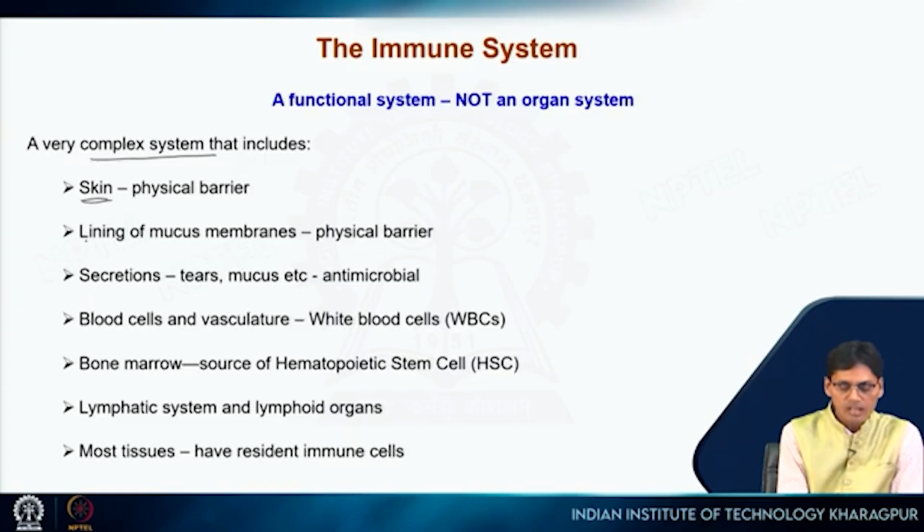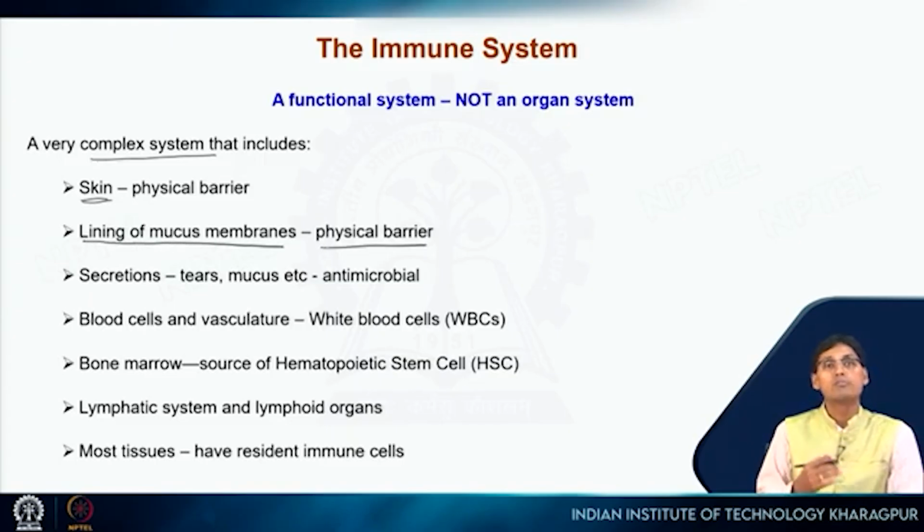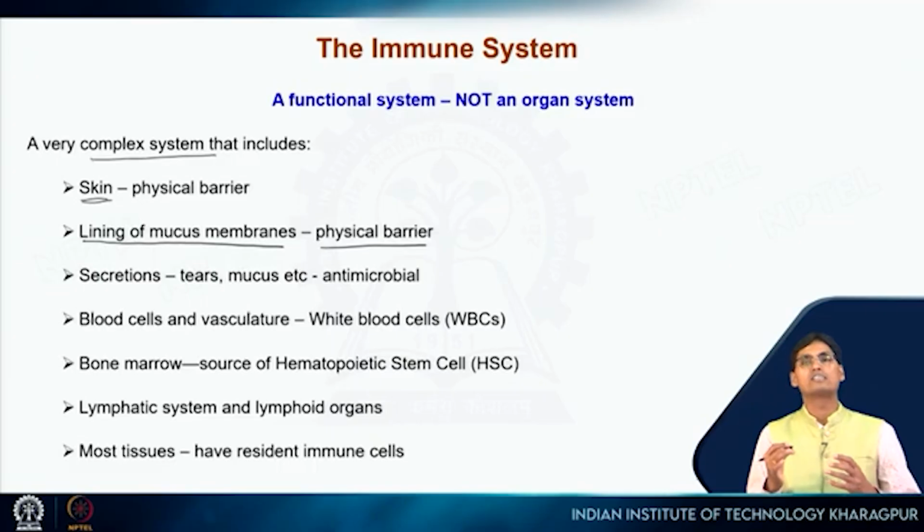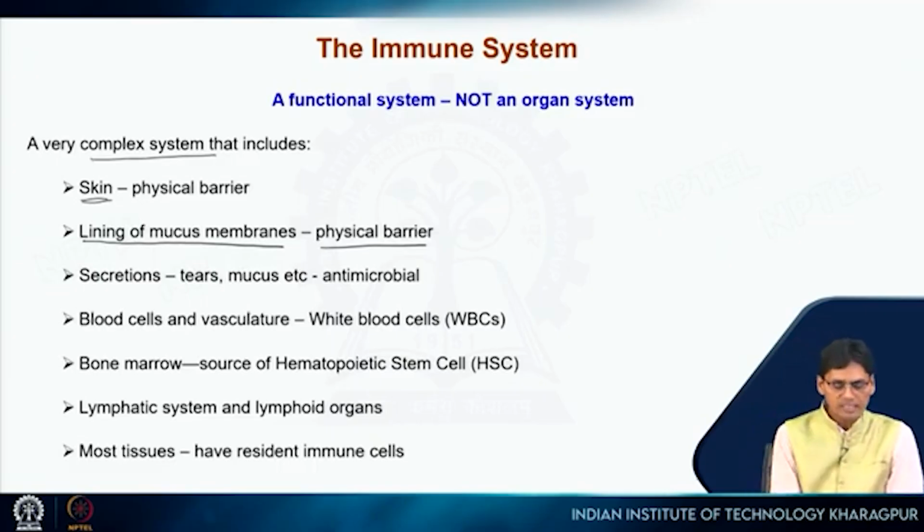Now the lining of the mucous membrane is also a physical barrier, and from this mucous layer different types of antimicrobial peptides are secreted. So this also gives us protection from microbes. Then the secretions, as I already mentioned, for example tears and mucus antimicrobials, are all part of our immune system.